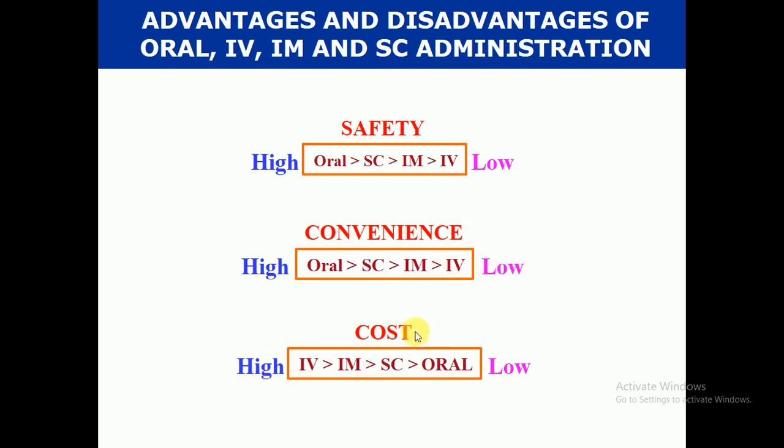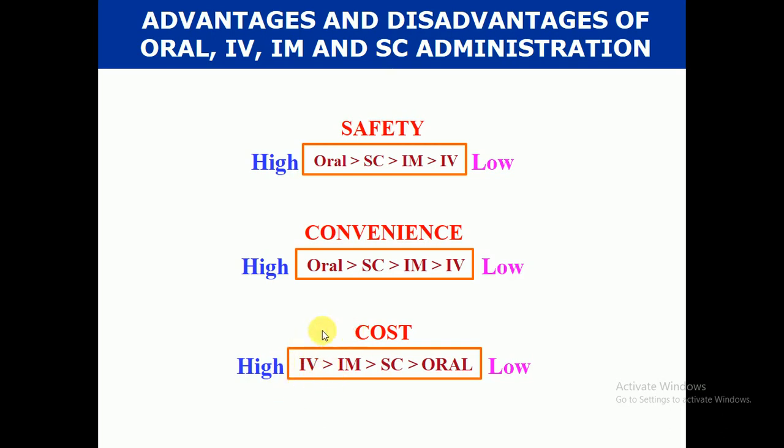Now look here, on the basis of cost. If an intravenous drug is injected into the patient, its cost is too high compared with IM. So this is called ascending and descending order.